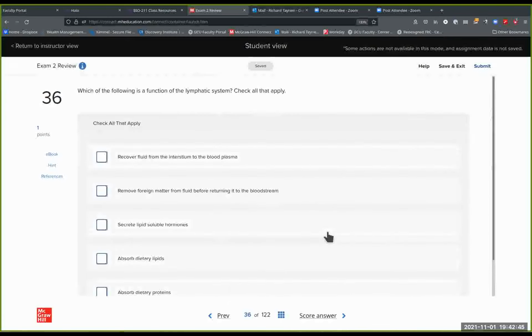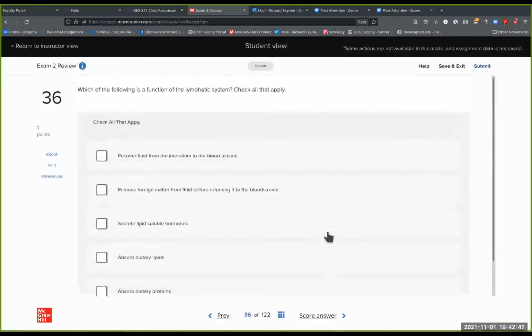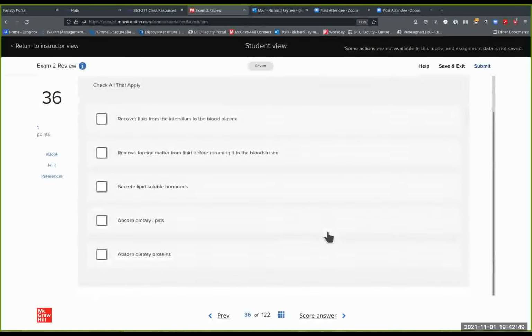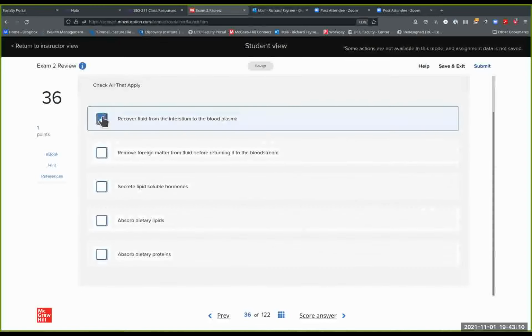Okay. Which of the following is the function of the lymphatic system? I would know this too. So, all that apply, it recovers fluid, right? It does remove foreign matter from the fluid.